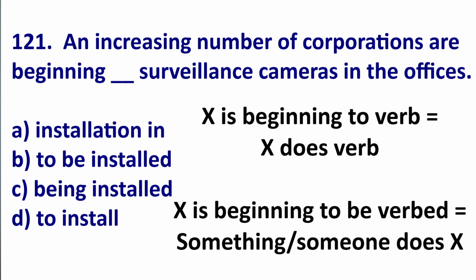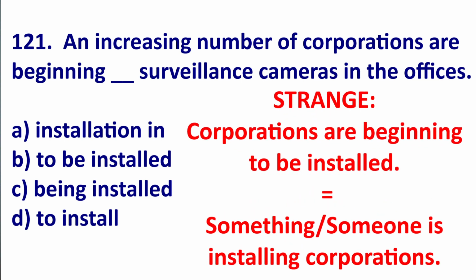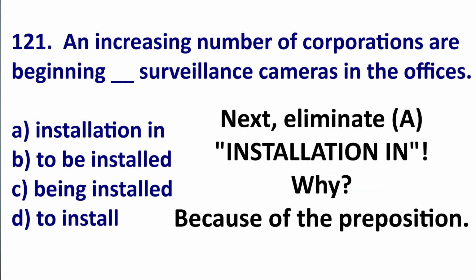So X is beginning to verb, X does it. X is beginning to be verbed, something does it to X. So if I say corporations are beginning to be installed, that means something is installing corporations. Doesn't really make sense. So eliminate B.